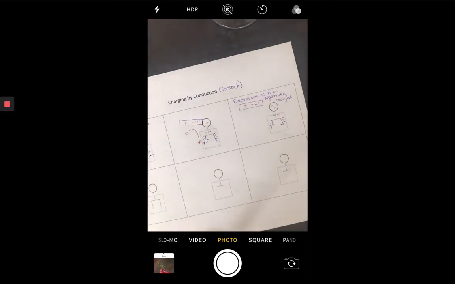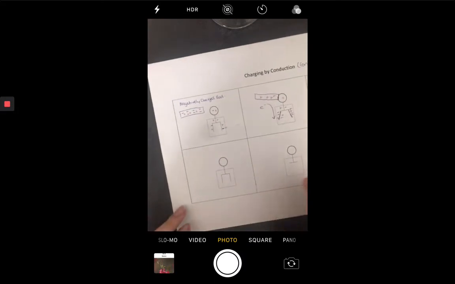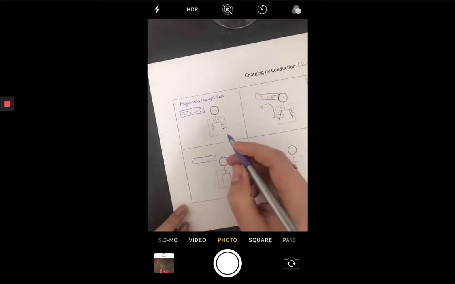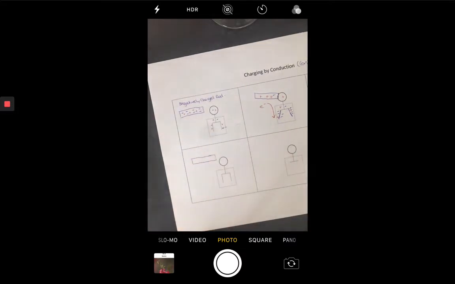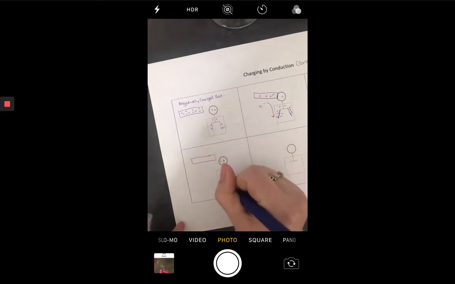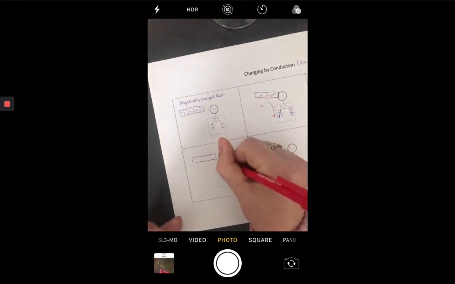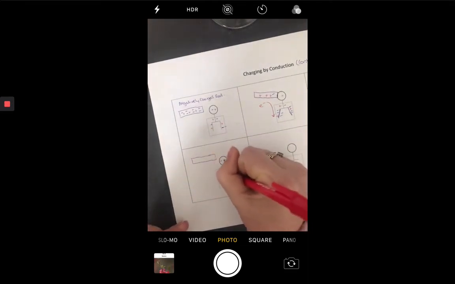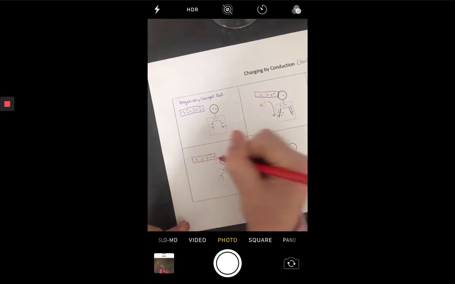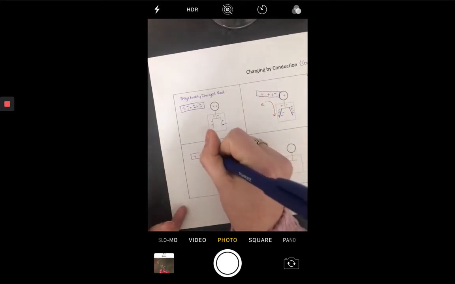Alright, then let's now have a look at what happens if we have a positively charged rod and a neutral electroscope. So my electroscope is neutral and I have a positively charged rod.